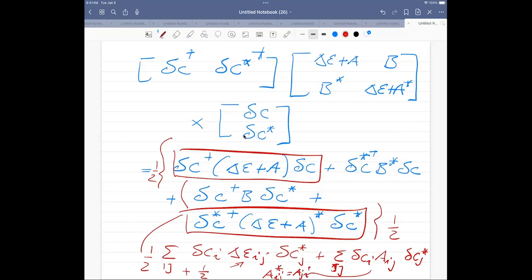So this factor of a half here comes because I've written the matrix in this specific form. So I have delta E plus A here, and then I have a delta E plus this A complex conjugate, and using the hermiticity of the operators here and the integrals which we have, we see then that the two factors of a half give us back the original expression.